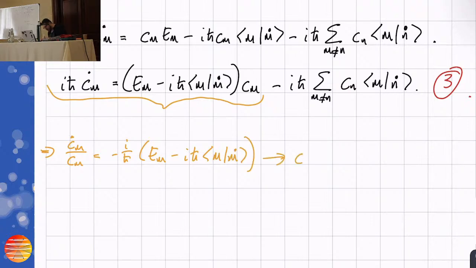Your time-dependent coefficients c_m are then given by e to the minus i over h bar integral between 0 and t of e_m minus i h bar <m|m dot>. Yeah? So, standard stuff that we get from our usual quantum mechanics 101.